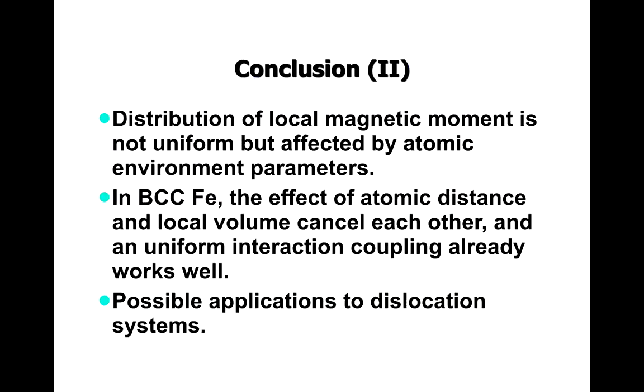So to conclude this final part of the talk, we have shown that the distribution of the local magnetic moments is not uniform, but is affected by the local atomic environment. And in BCC iron, the effect of the atomic distance and the effect of the local volume basically cancel each other.